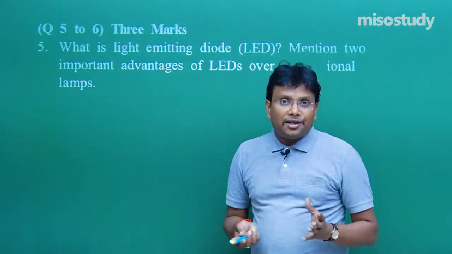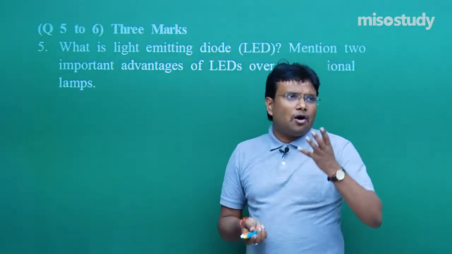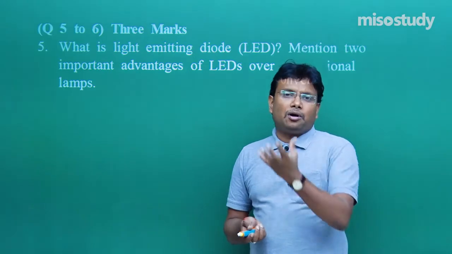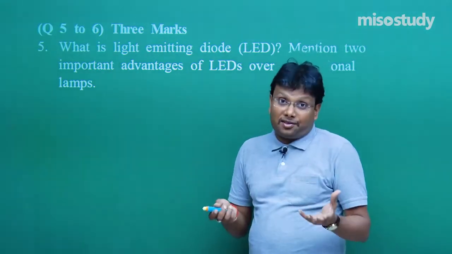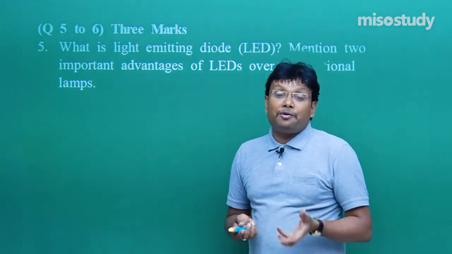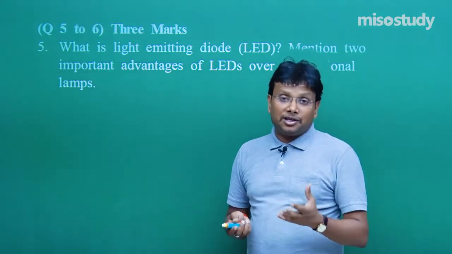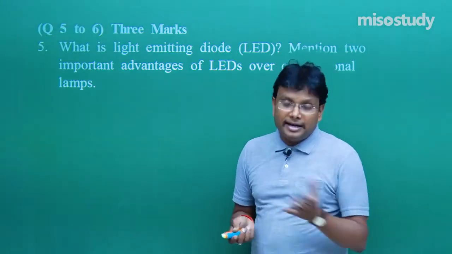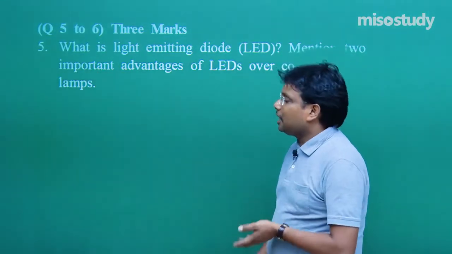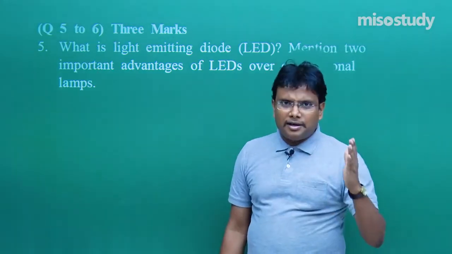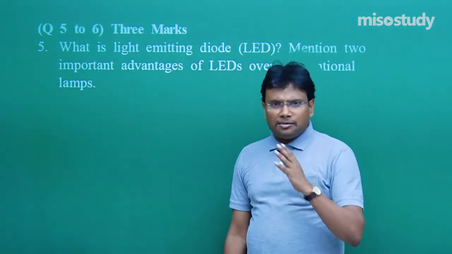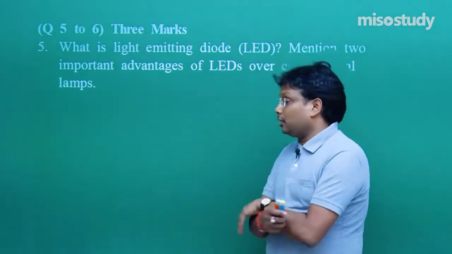Even in your houses you are not using normal yellow color bulbs or tube lights, but LEDs. Government is even providing subsidy on the purchase of these LEDs. Fine. So, the importance of the light emitting diode, economically and technically, there are n number of reasons for that.